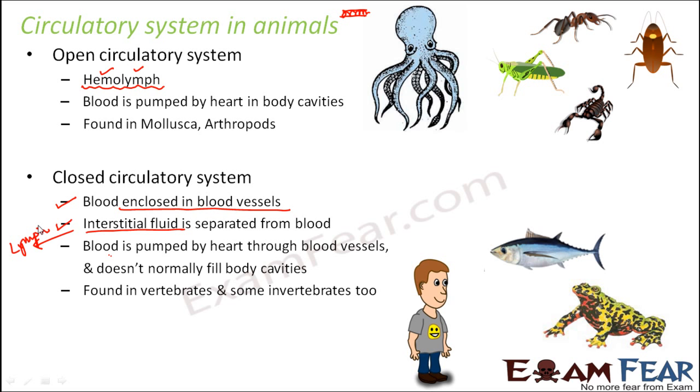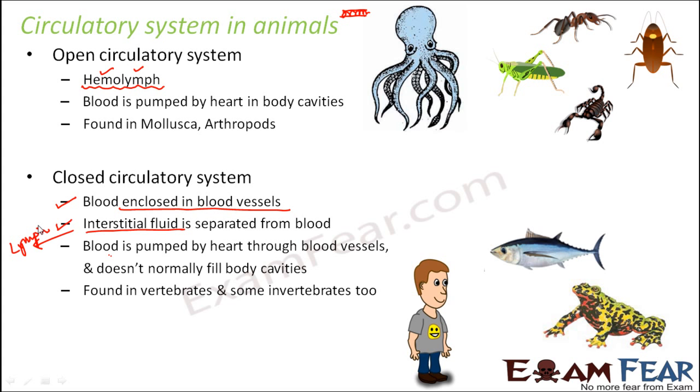So in closed circulatory system, the blood is pumped by the heart through blood vessels and doesn't normally fill the body cavities. See, here it is everything. The entire blood flow in our body happens through the blood vessels, like the arteries, veins, arterioles, capillaries. This type of circulatory system is found in vertebrates and some invertebrates also.